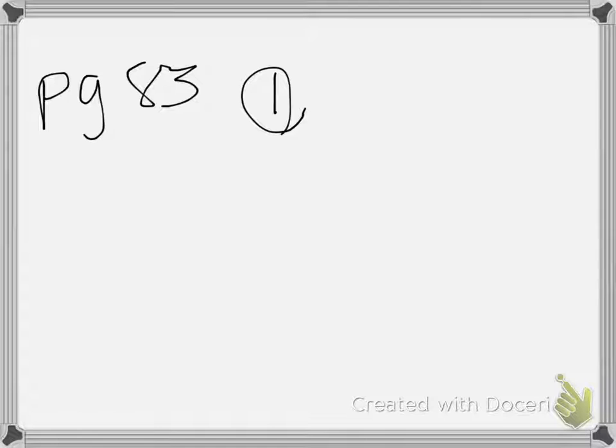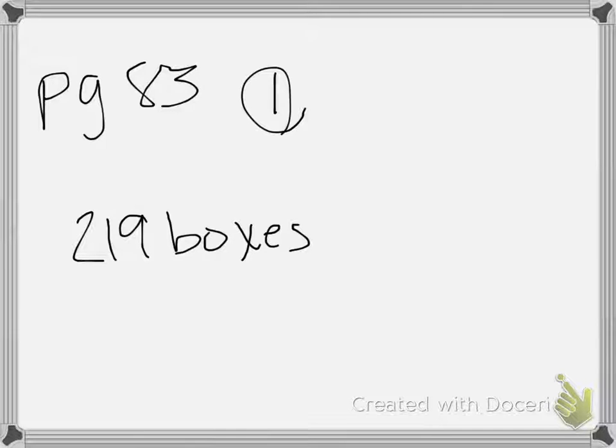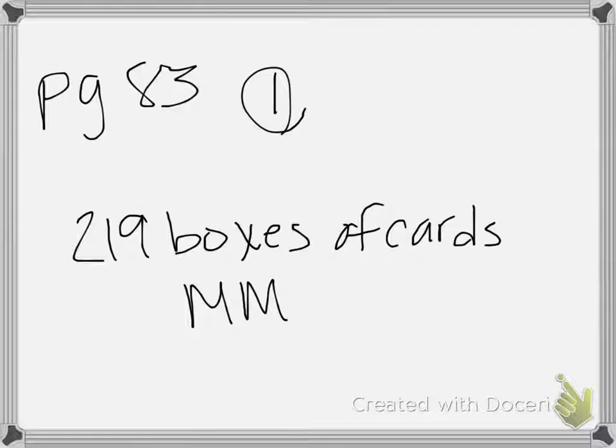Okay, so number 1 says Sharon Stationery Store has 219 boxes. So I'm just going to make a note. You can make a note in your spiral. And boxes of cards. Mary's Market has 3 times as many. So I'm going to put M for Mary's Market.